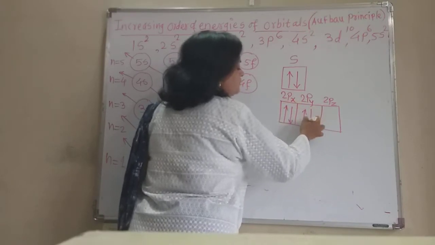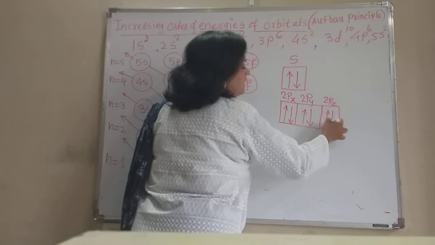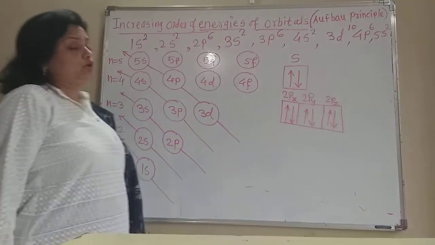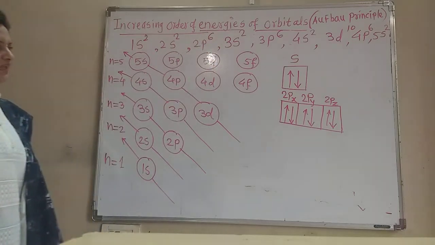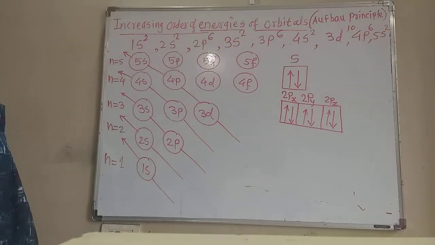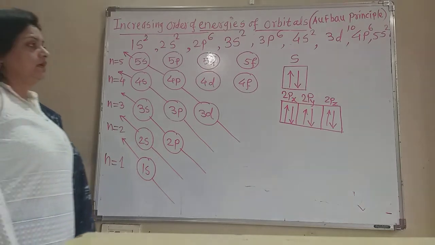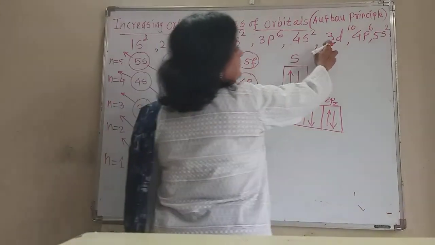So the p orbital can accommodate totally 6 electrons. So I write here 2p6 in this way. The p orbital contains a maximum of 6 electrons. Now I write here 3d10.